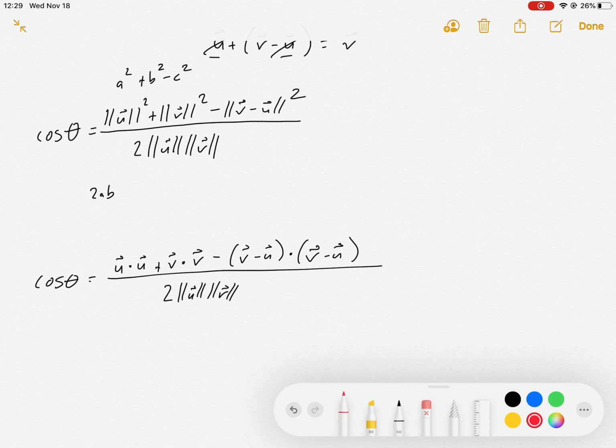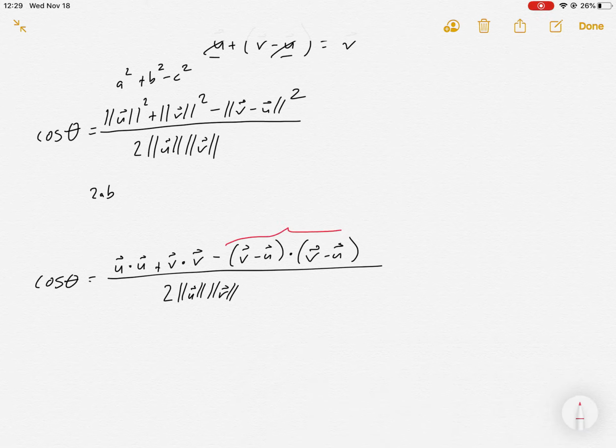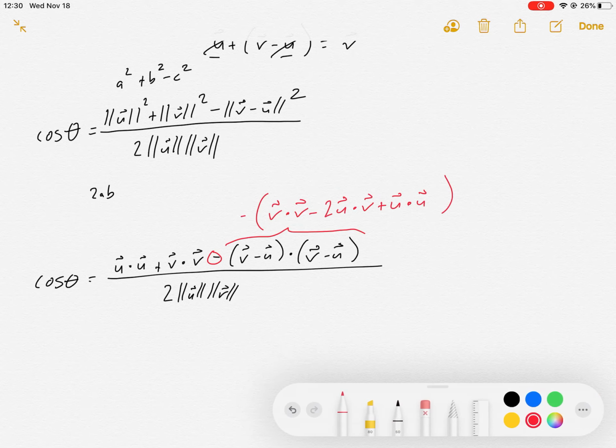Okay, so this part here is just going to be v dot v minus 2u dot v plus u dot u, using binomial multiplication. We distribute the v to the v and then v to the negative u, etc. But all of that has this minus sign out front.